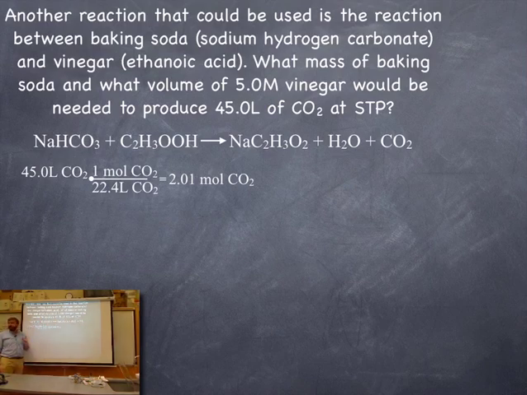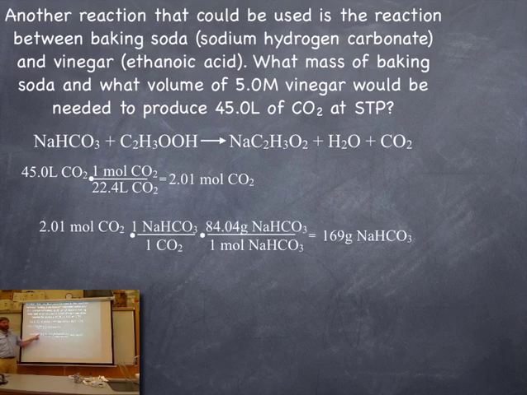Now, the question is, to make 2.01 moles of carbon dioxide, how much of the baking soda do I need? So I'm going to start with 2.01 moles of carbon dioxide. I know it's a 1-to-1 ratio. This is the mole ratio step from the balanced chemical equation. For every 1 carbon dioxide I make, I need 1 baking soda. I didn't have to do any gram messing around here because this was a gas for which I had volume.